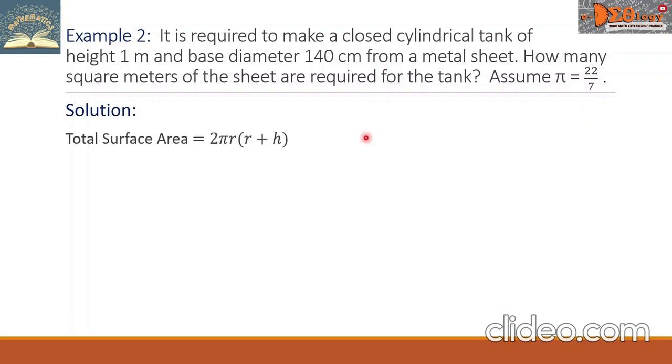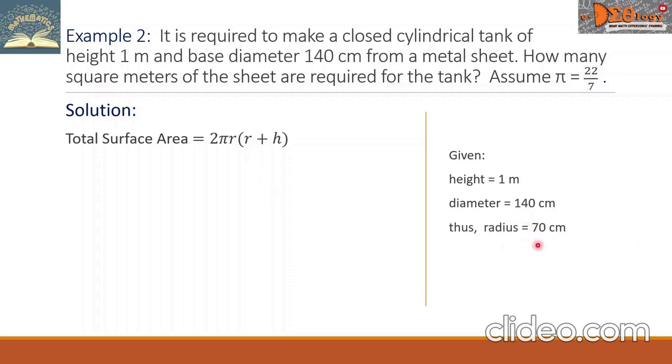This problem corresponds to the total surface area, and we have this formula. Given in the problem, first is the height, that is 1 meter. Second is the diameter, given as 140 centimeters. In the formula, we need the radius. So when we divide this by 2, the radius will be 70 centimeters.